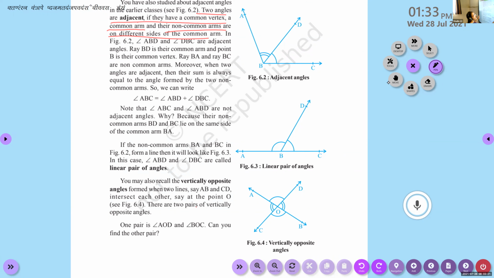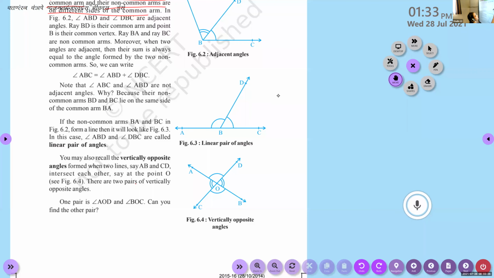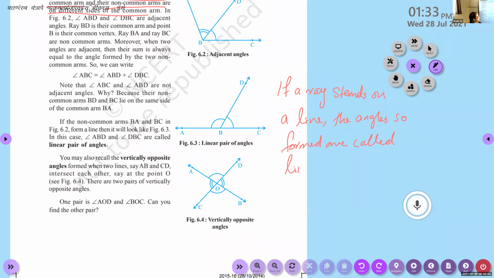If a ray stands on a line, comma, the angles so formed are called linear pair of angles.